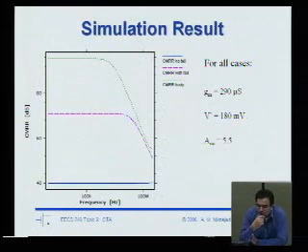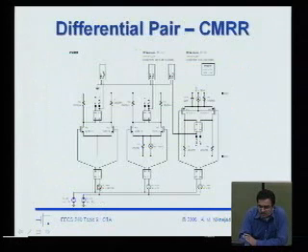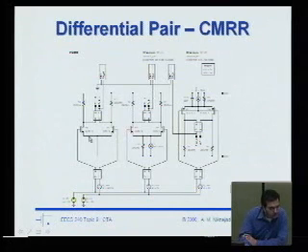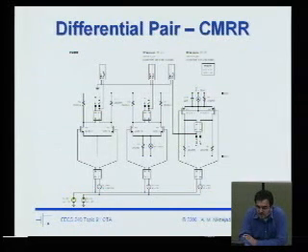So here's the common mode rejection. I guess we introduce here an intentional mismatch. So you see the W over L's are not quite equal to each other. You probably can't read that, but this one is 10.05 over 1. This one is 9.95 over 1. And same thing for all 3 of them.